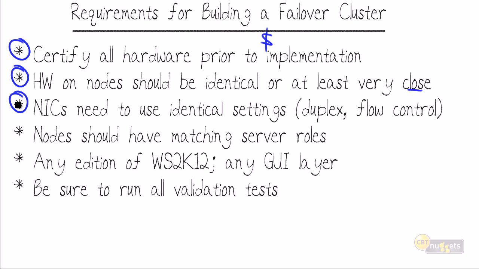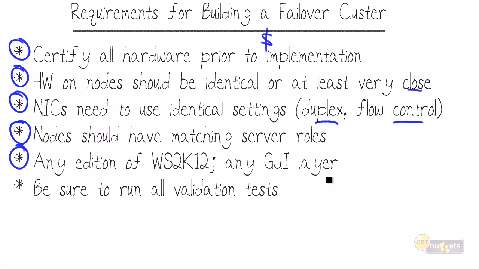The NICs need to use identical settings. They may not necessarily need to be the same exact NIC, make, and model, but as far as the Ethernet settings, duplexing, flow control, those settings all need to match. Best practice from Microsoft is that your nodes should all have matching server roles. You can combine editions of Windows Server 2012.